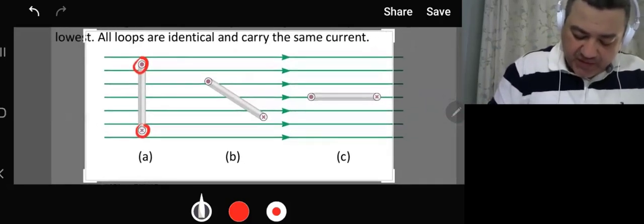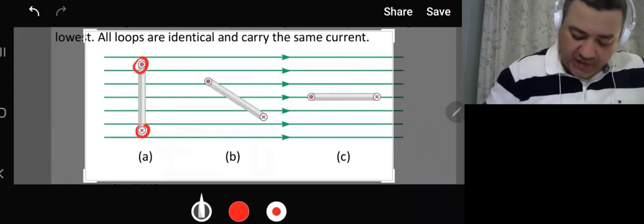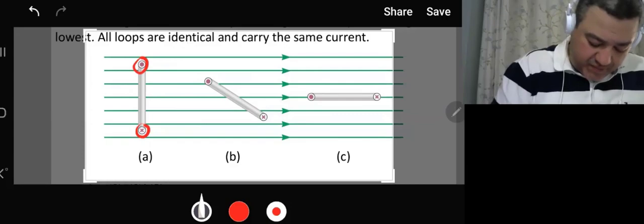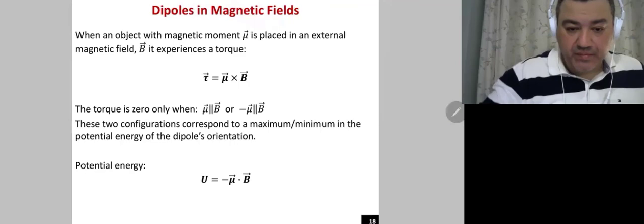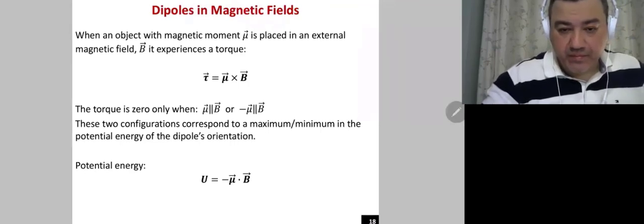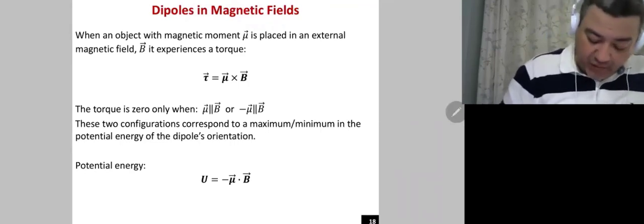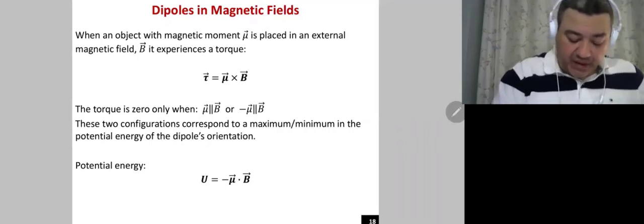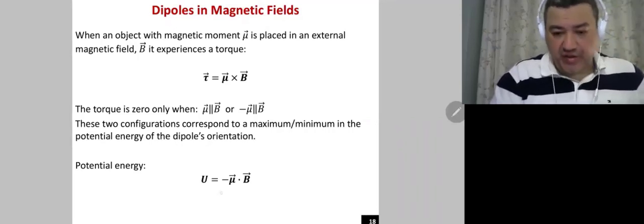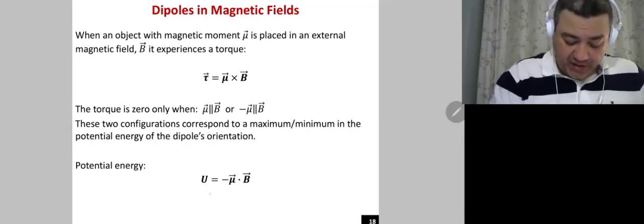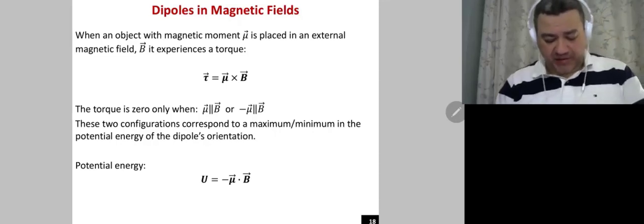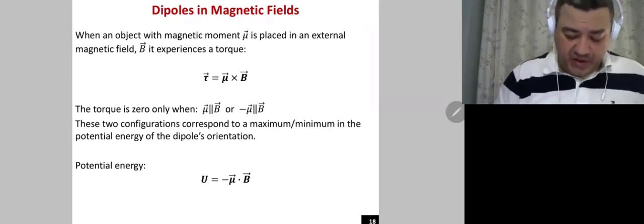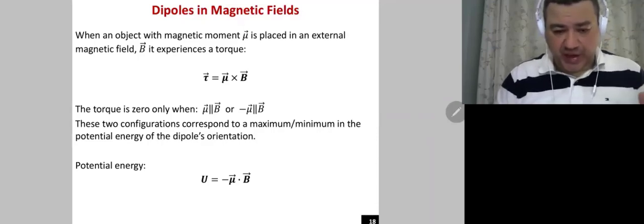In this case, we also define the potential energy due to the orientation of that loop in the existence of a certain magnetic field, and here we need to distinguish between two cases.